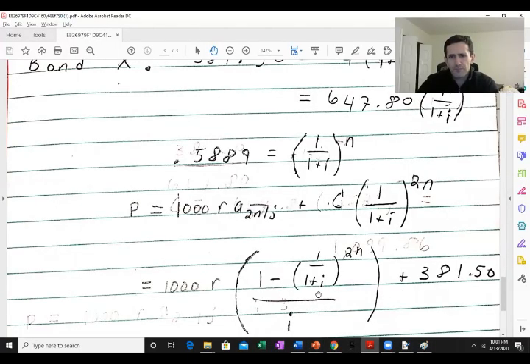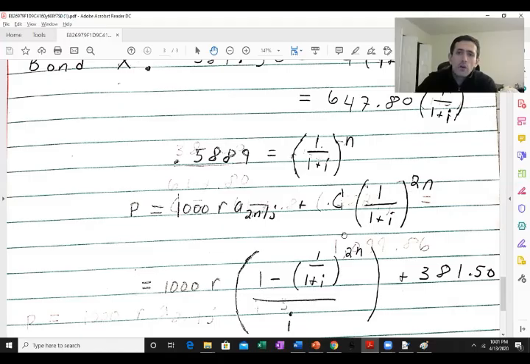Sorry, this should be an i here. It's a_{2n} at i. So it's 1 minus 1 over 1 plus i to the 2n, over i. Again, our yield rate is i, not j.